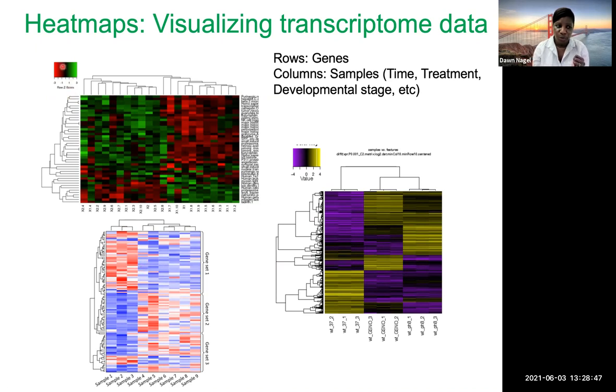So you have to tell people, okay, if it's really red, that means that gene is expressed very, very low, and that's usually represented as a minus number. If the gene is highly expressed, highly abundant, it will be a different color that's super bright.